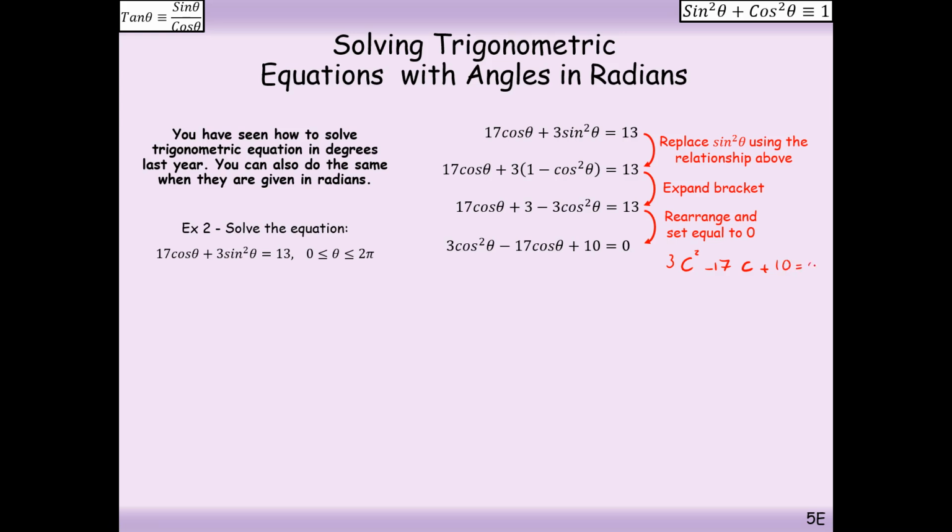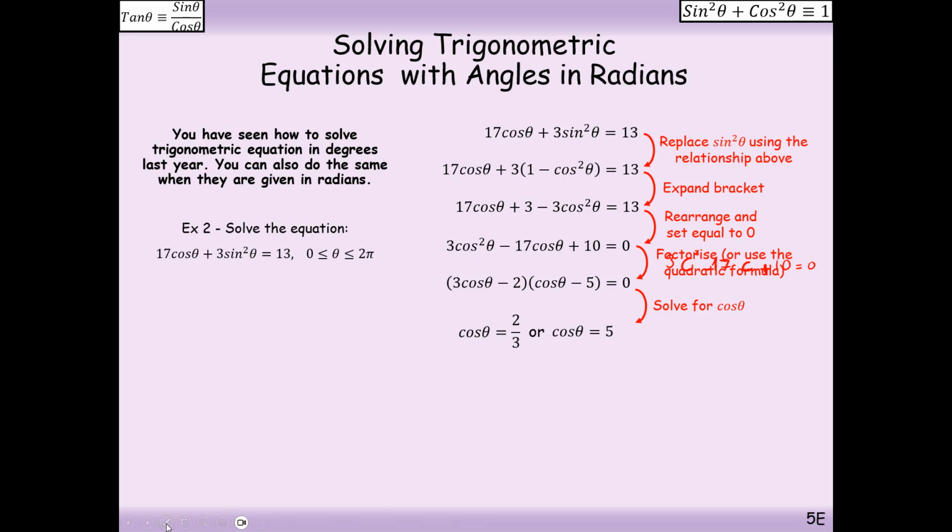If you find this too difficult to handle, you can either use your calculator to give you the answers, or you can use the quadratic formula. In either case, you will end up with two answers, one of which we have to throw away because cos theta will never be more than 1 or less than negative 1.